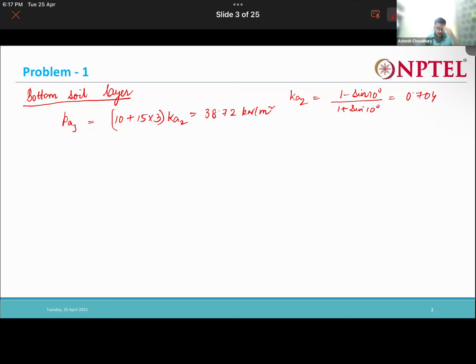Right? Got this PA3. So what will be the capital PA3? PA3 will be nothing but area of the rectangle, 116.16 kilonewton per meter, and y3 bar will be nothing but 3 by 2 is equal to 1.5 meters.